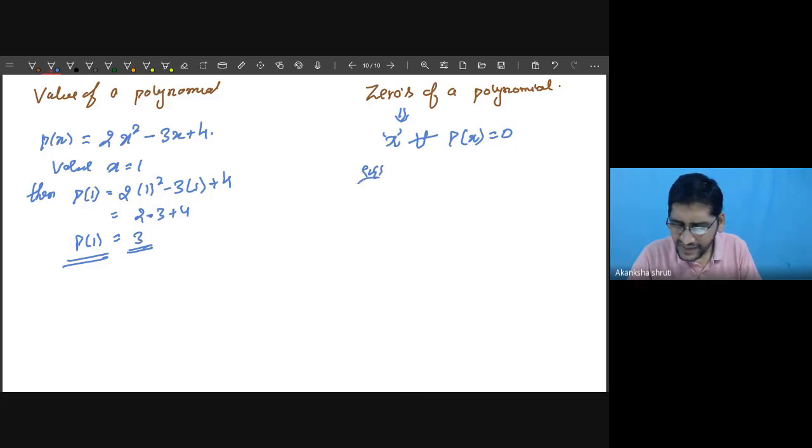Example, let us take any polynomial p(x) as x square minus x minus 12, and if we take x equals 3, or let us take this as 4.